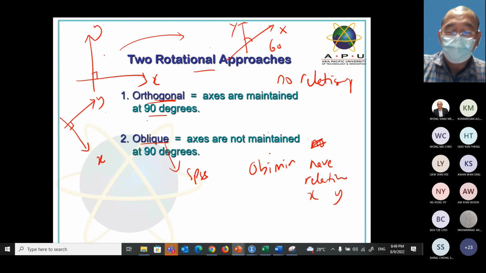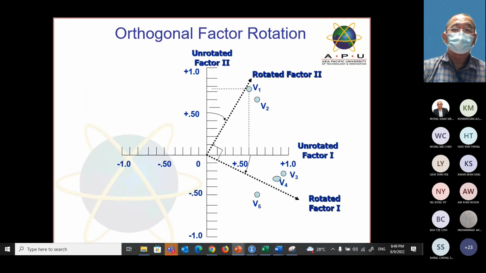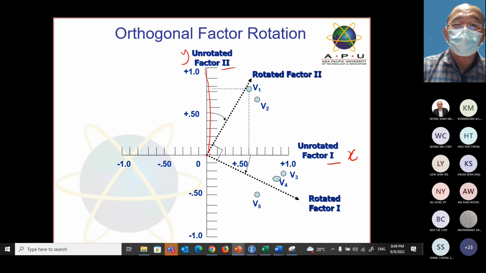If no question, we see it like this. Here we have two factors, factor 1 and factor 2, like x and y. The original position is like this, with the data, the variables 1, 2, 3, 4.